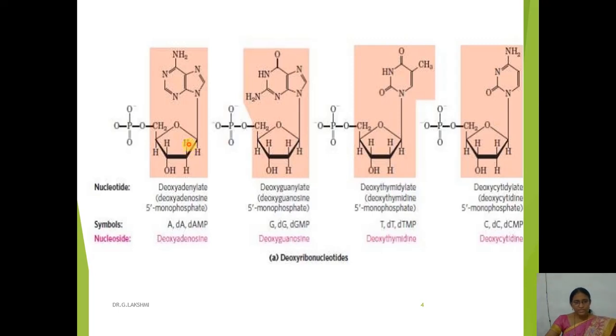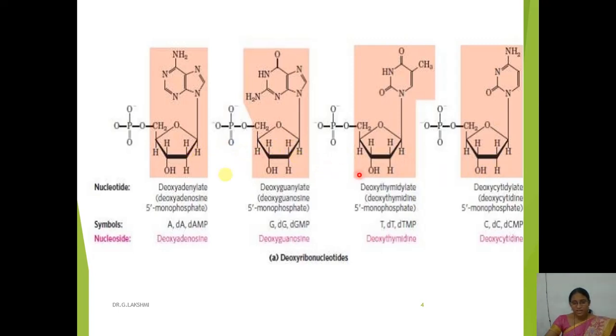Here the sugar is deoxyribose sugar. Why deoxyribose? In the place of the second carbon atom, the functional group is lacking an oxygen atom. Hence, it is deoxyribonucleic acid. You see in all nucleotides, the ribose sugars involved in the helix formation are deoxyriboses.